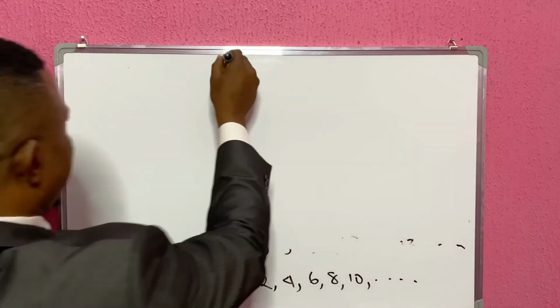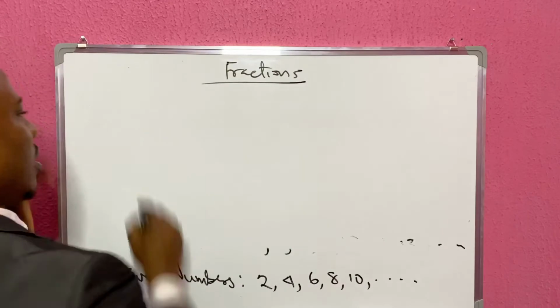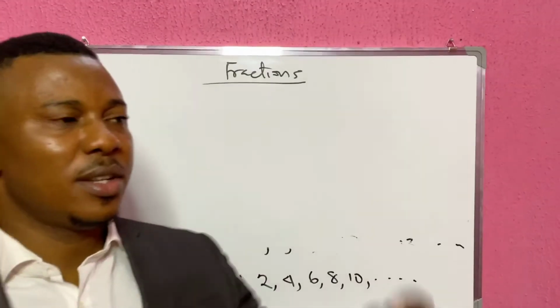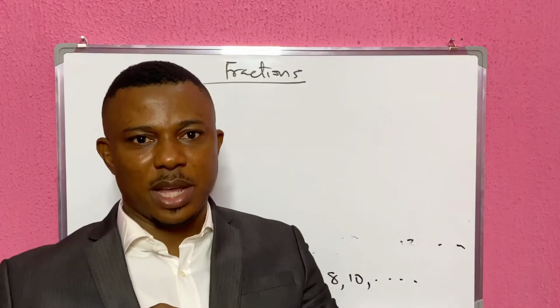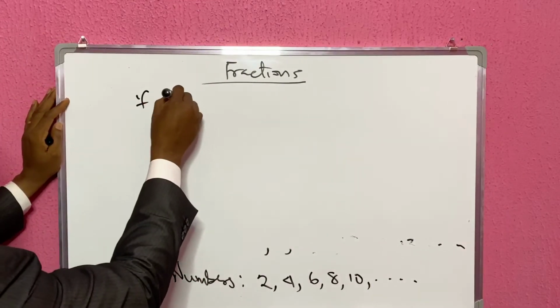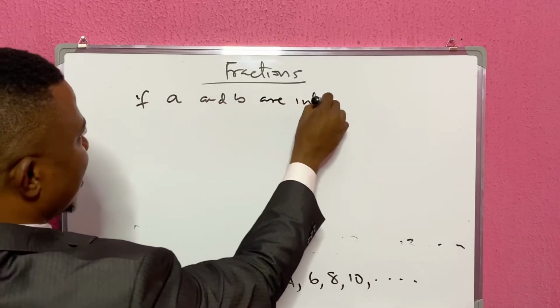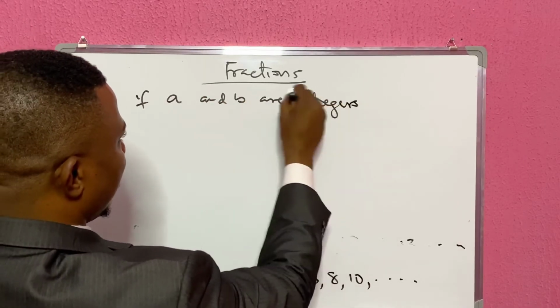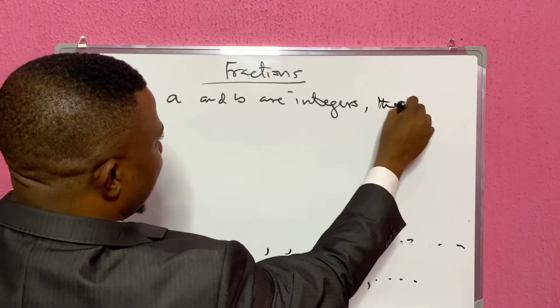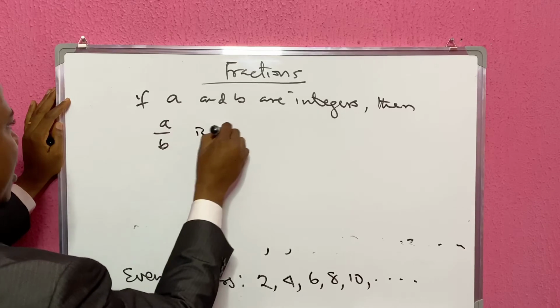Let's look at fractions. A fraction has a numerator and a denominator. That is to say, if A and B are integers, then A over B is a fraction.